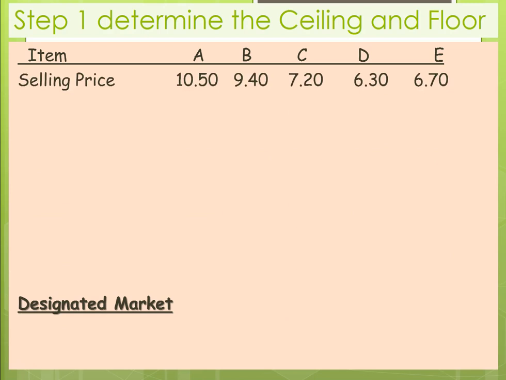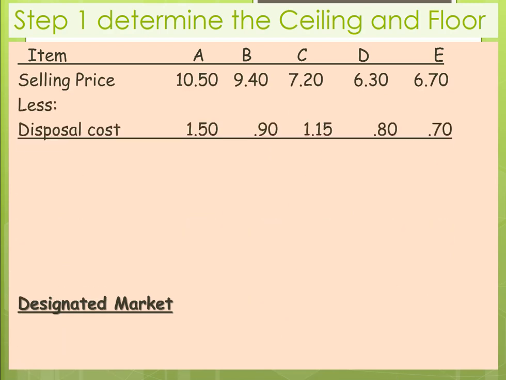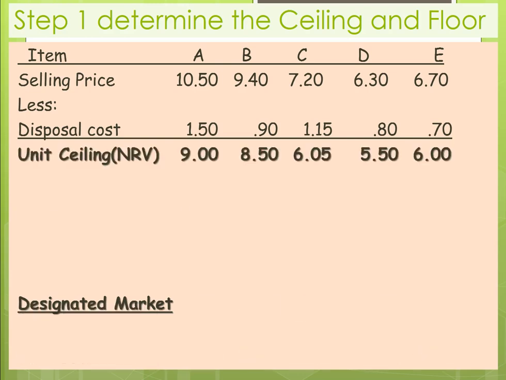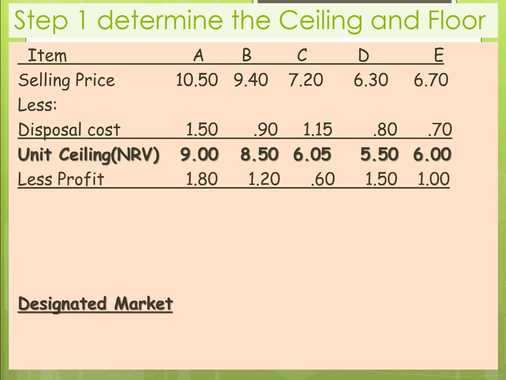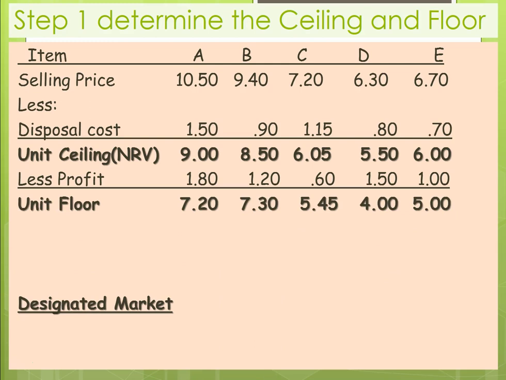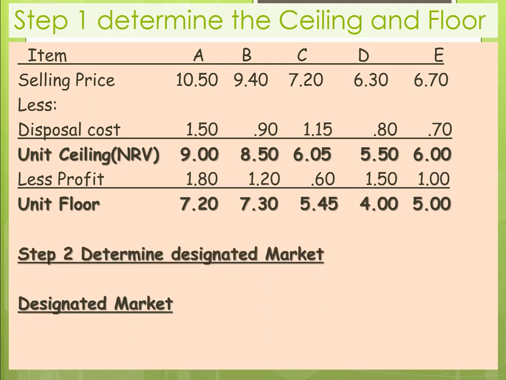First of all, we had our selling price. We're going to subtract our disposal cost, and that is going to give us our ceiling or net realizable value. Then we're going to take off the profit, and we'll establish a floor, which is the ceiling minus the profit. Now we're going to compare these to the designated market to see if they fall within the range.